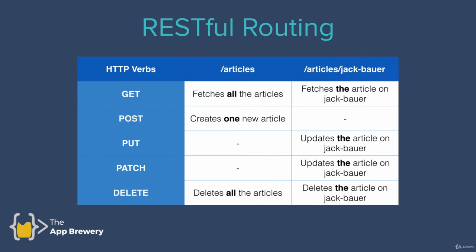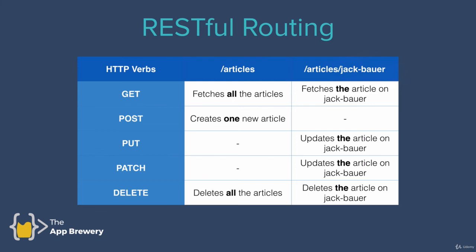And when they make a POST request to the /articles route, then it should create a single new article and add it to our database of articles. And when we make a delete request to /articles, then it would delete all the articles in our database.